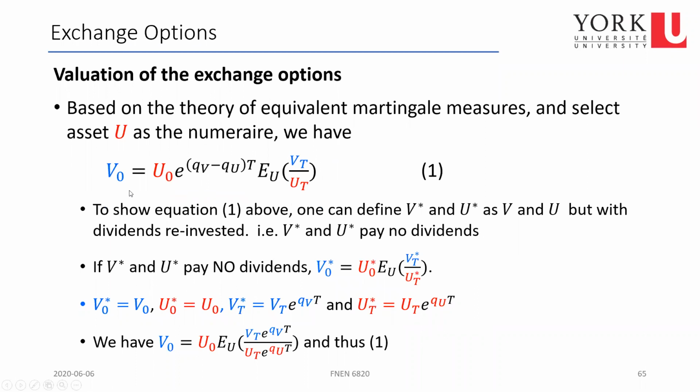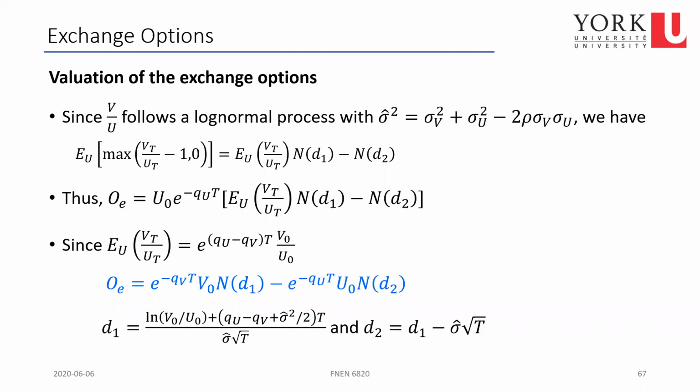So we just plug in what the expected VT divided by UT is, and you get this nicely looking closed form solution. Essentially it is a solution of a call with a strike price of $1.